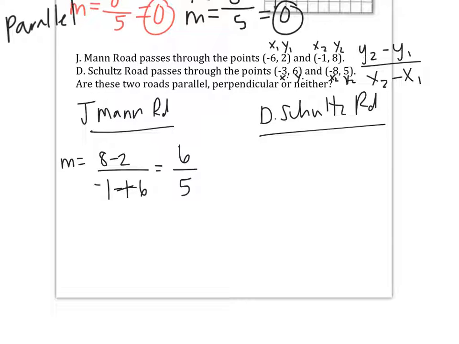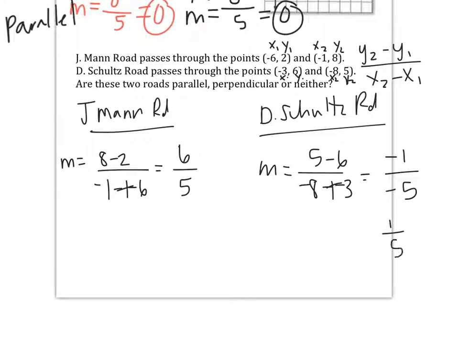Okay, and then for the next example here, I have 5 minus 6, again y2 minus y1, over -8 minus -3. Chop, chop's really a plus. And 5 minus 6 is -1. -8 plus 3 is -5. So that simplifies to just 1/5. And then this slope here was 6/5.